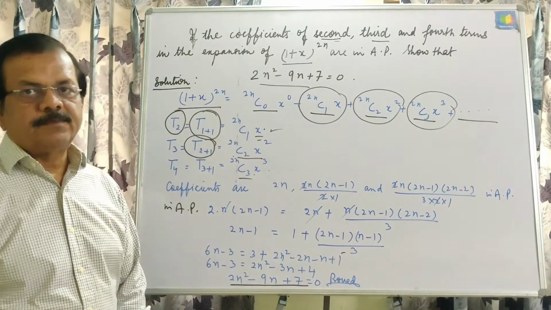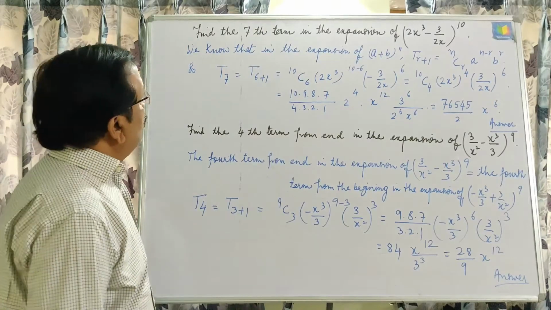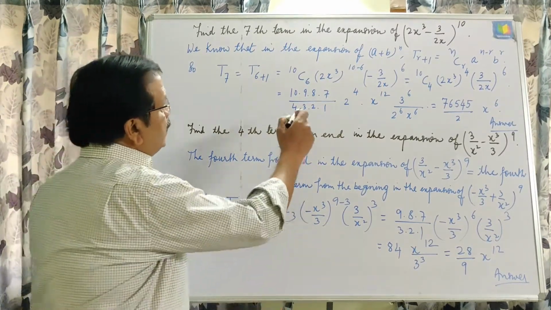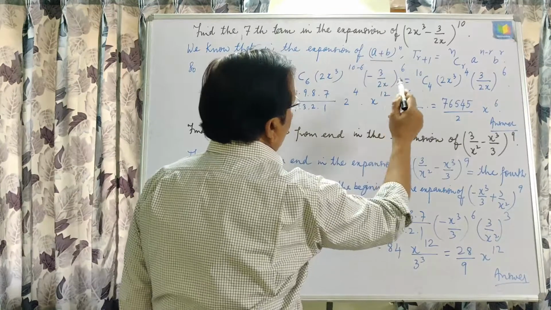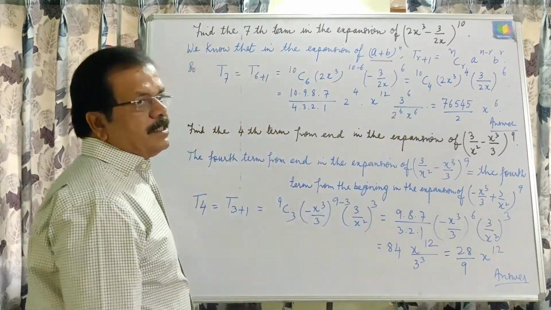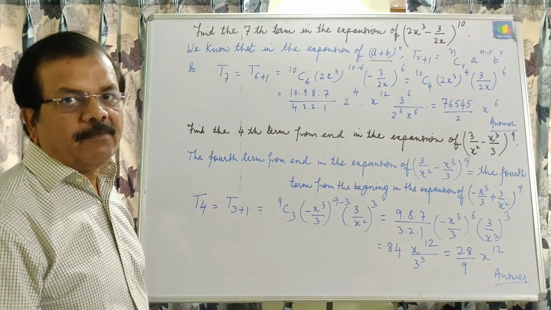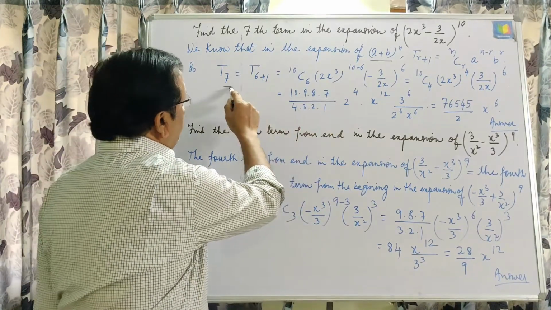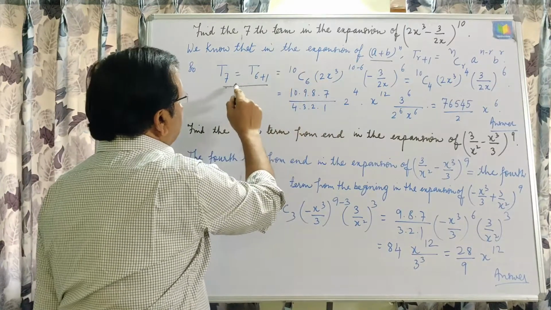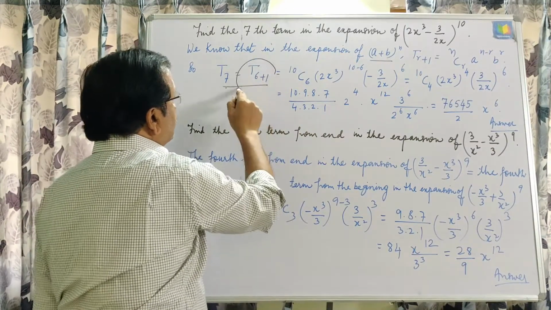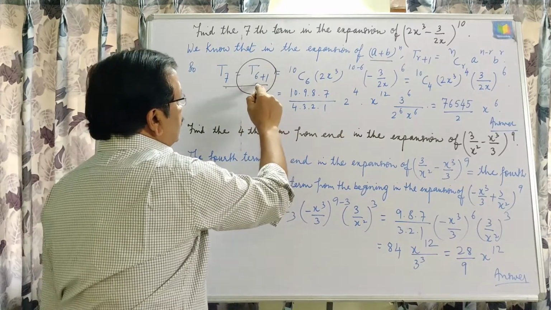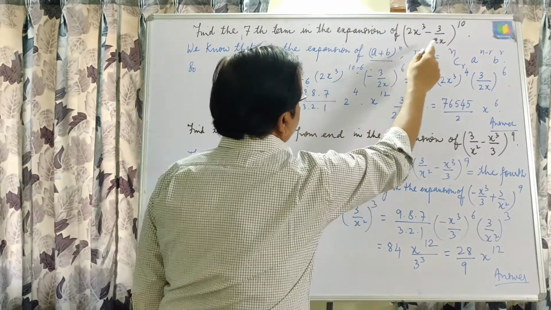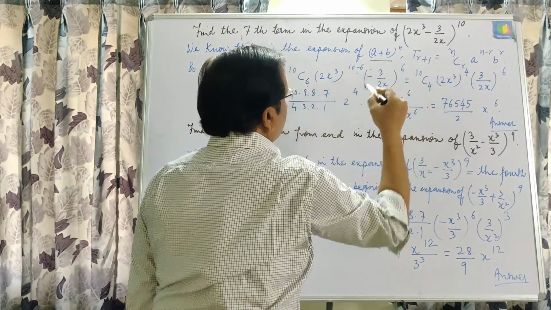Now next question. Find the seventh term in the expansion of this. We already know that in the expansion of a plus b to the power n, the rth term is nCr, a to the power n minus r, b to the power r, and using this we can write here the seventh term, T7, is equal to T6 plus 1, and then 10C6, 2x cube to the power 10 minus 6, minus 3 upon 2x to the power 6.